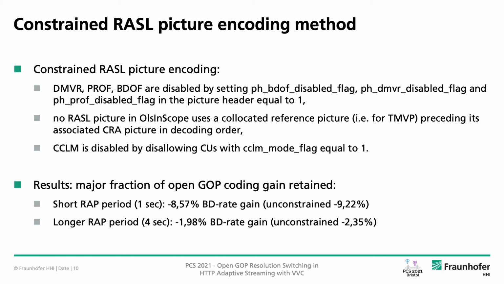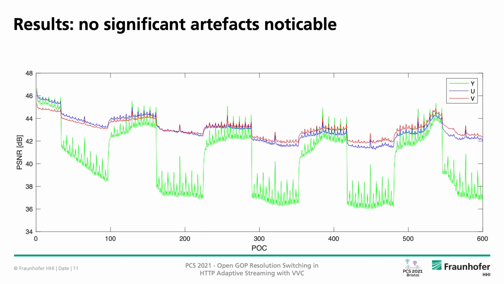And for longer RUP periods, like in VOD, still roughly 2% BD rate gain, where unconstrained encoding results in 2.35%. So going back to the example from earlier, where a client constantly switches between two QPs, here you can see the results when the constraint encoding method that's presented is applied, and there are no more artifacts in the chroma components that the client decodes.